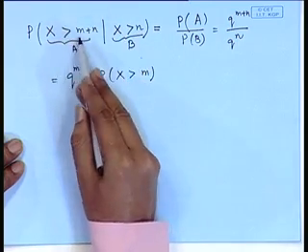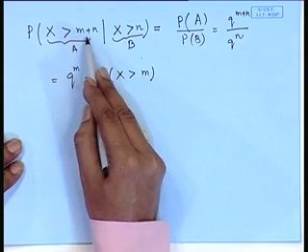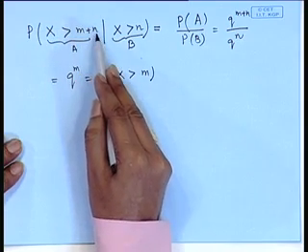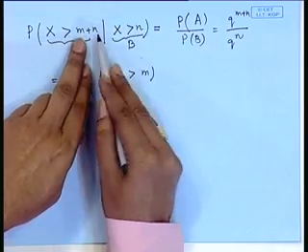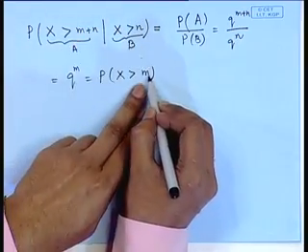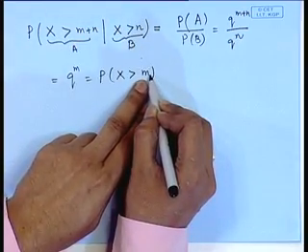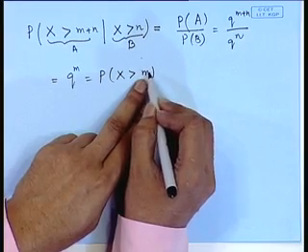Now, the left hand side denotes the conditional probability that no success is achieved till m plus nth trial, given that no success is achieved till nth trial. You look at the difference here, n to m plus n, that means m more trials are needed, and here we started from 0 and we say that m trials are needed for the first success. That means in m trials there is no success.